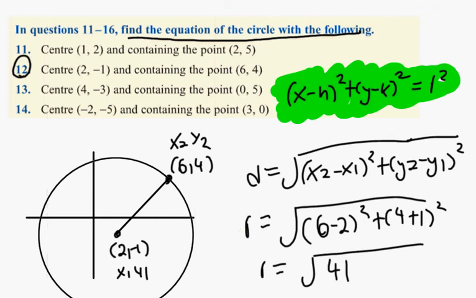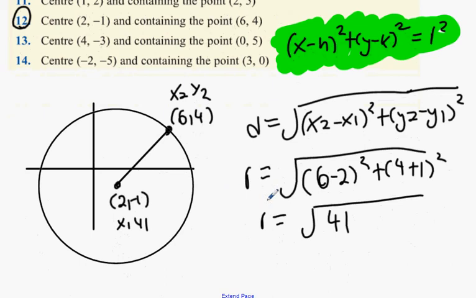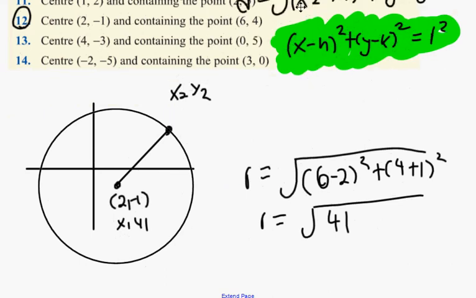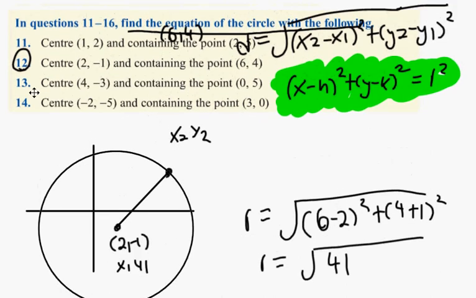Now, once I find out that the radius is root 41, what can I do for the next part then? Square root of 41. So, what's the h value? h value is 2. What's the k value?